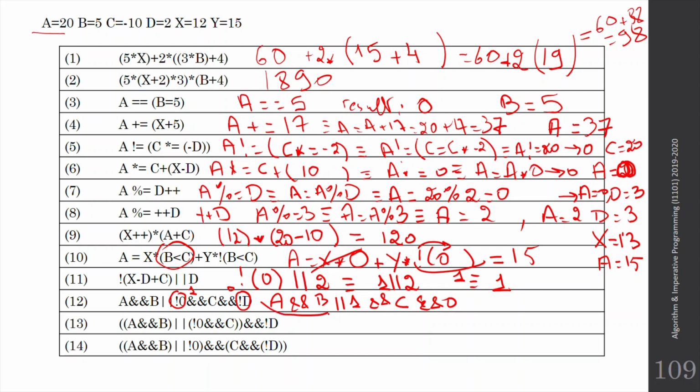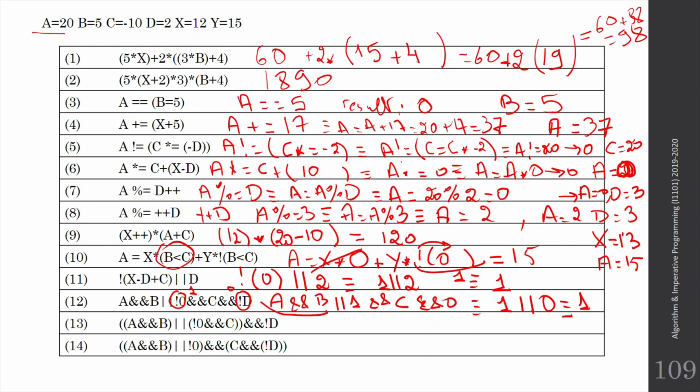So here, true means 1. I have or, so or remains with us. We have 1 and C and 0. 1 and C and 0 means 0, because 1 and minus 10 is 1, and 1 and 0 is 0. 1 or 0 is equal to 1, which means true.